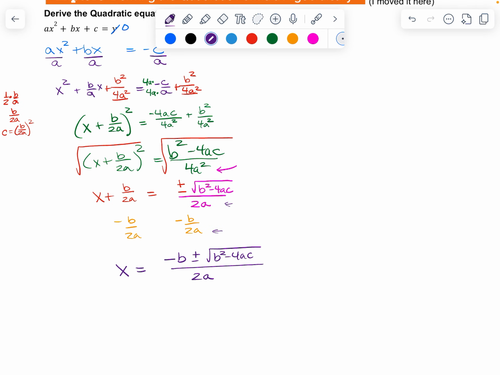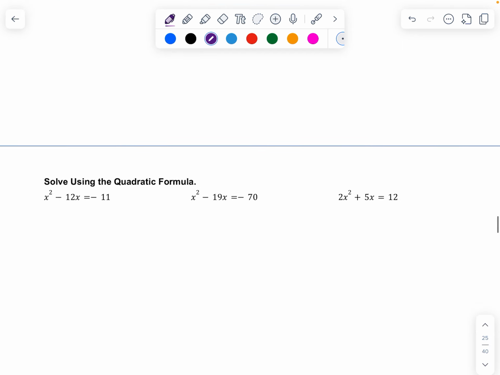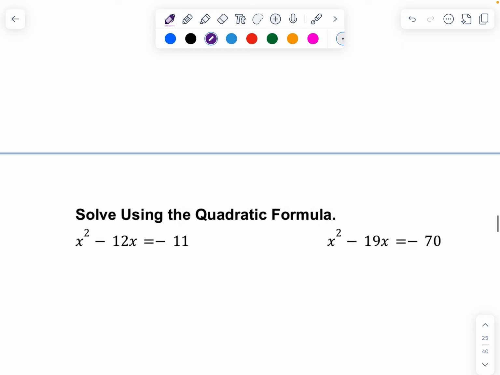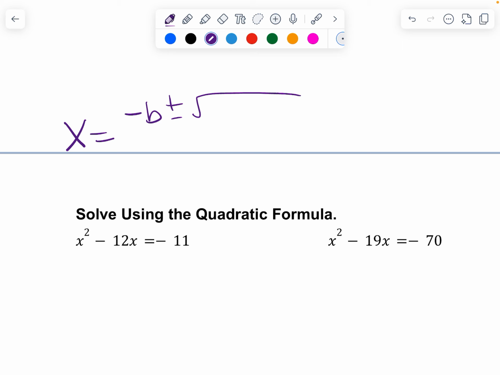And that is the quadratic formula. Okay, you can use this in order to find the solutions for anything. So down here, again, the quadratic formula is negative b plus or minus the square root of b squared minus 4ac all over 2a.